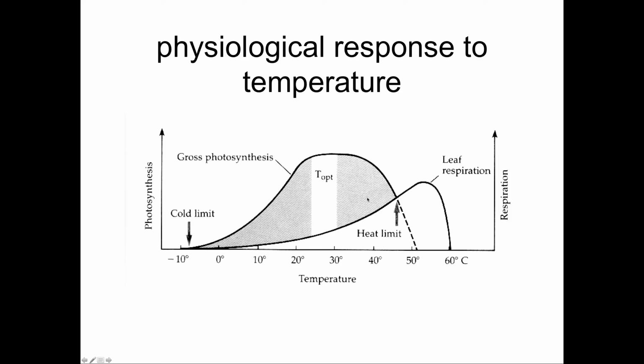So the level of carbon that's used for growth and other functions declines to some point where respiration exceeds photosynthesis being brought in. So what an individual species temperature response profile looks like is very important in terms of the kind of temperatures at which it thrives and tolerates.